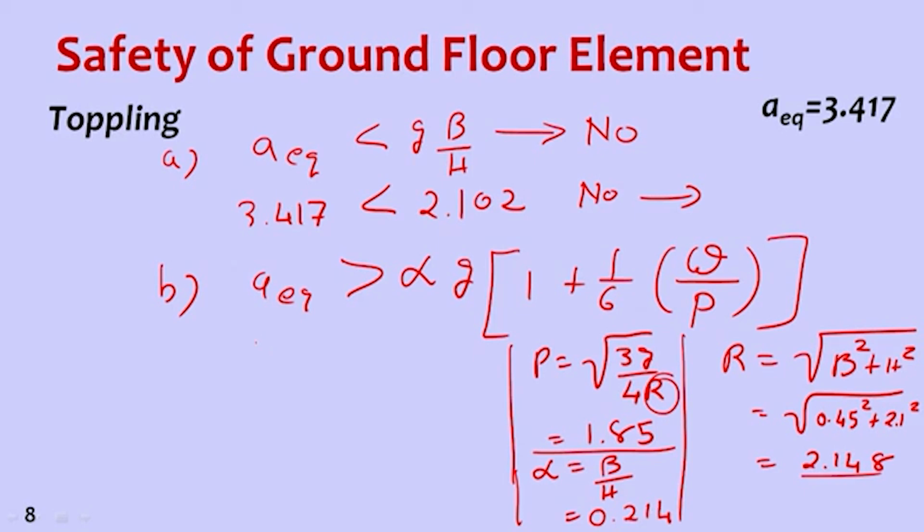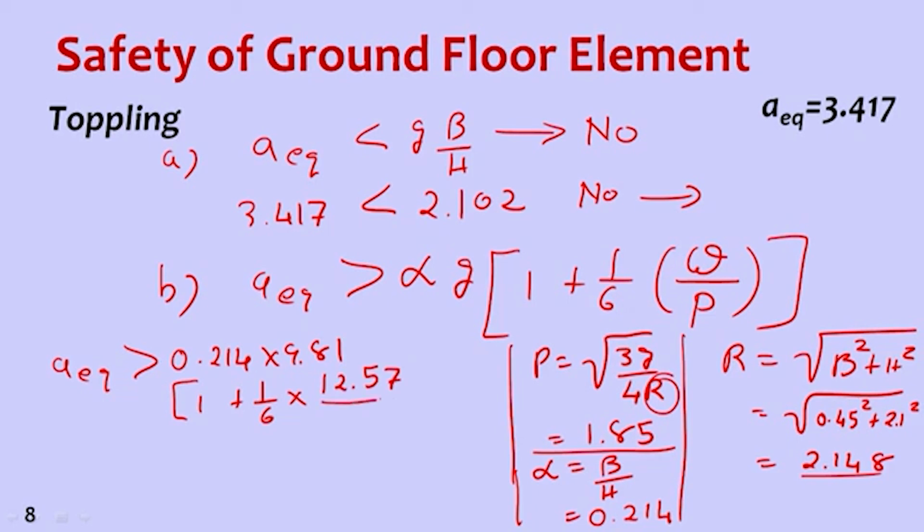Substituting all the values, we need to compare AEQ with 0.214 multiplied by 9.81, bracket 1 plus 1 by 6 into the forcing frequency, which was given as 12.57 radians per second, and P is 1.85.